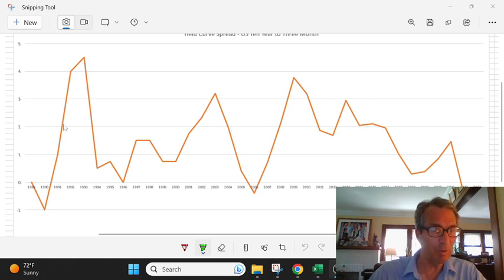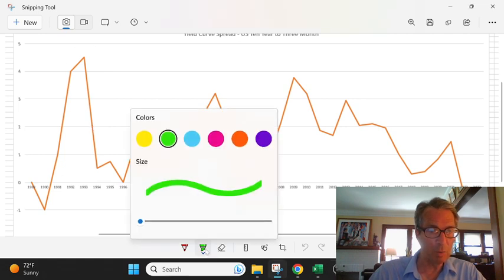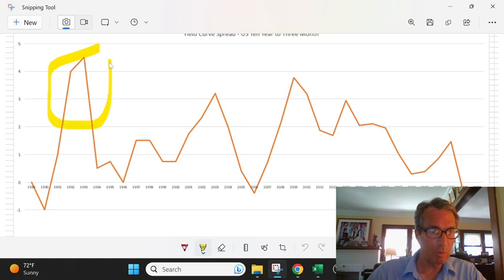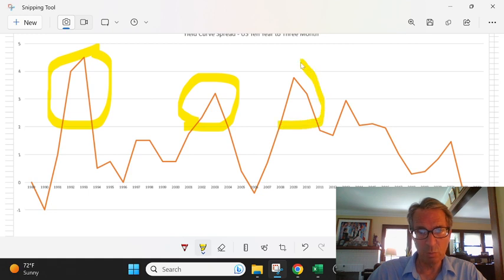So here you had a period from 91 to 94 where you had some real government sponsoring, wanting to juice up the economy. Likewise between 2001 and 2004, and then from 2008 through 2011, and another period from 2012 to 2014.